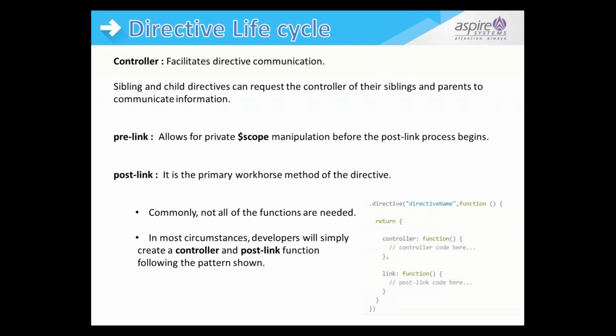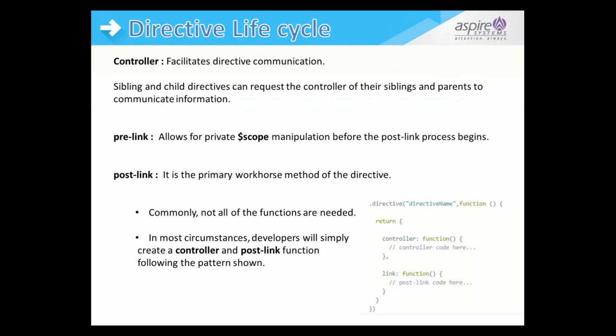I am passing an email address from my parent directive to child directive. But before it is rendered in my child page, I want to validate that email, whether it has the @ symbol and follows the email format or not. If you have to do that validation, it should be done inside pre-link, because the email value is not DOM, it's a scope value passed from parent to child. So that is pre-link.